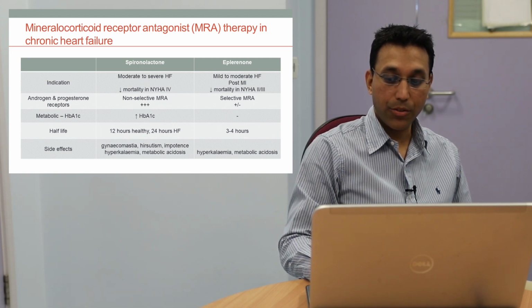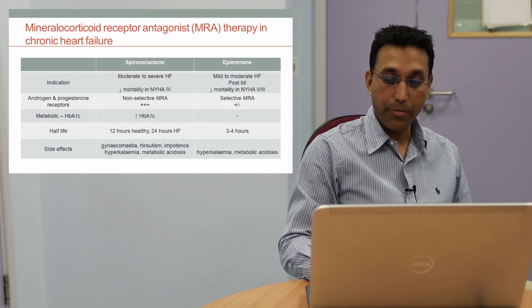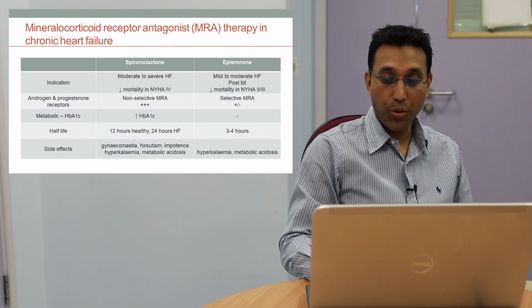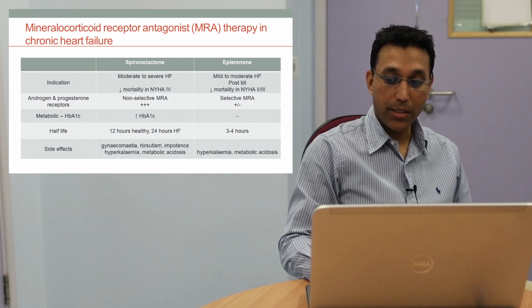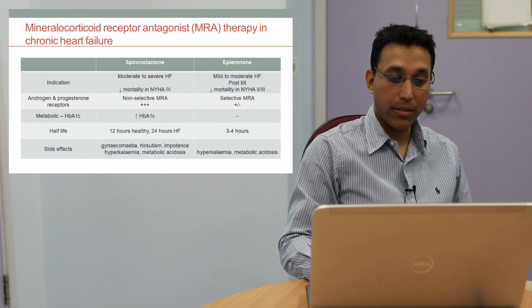Increased HbA1c levels with spironolactone treatment relative to placebo has also been observed in patients with diabetes. Based on these results, it appears that eplerenone may be the MRA of choice in patients with diabetes, and probably in those with visceral obesity and the metabolic syndrome who are developing or at risk of developing diabetes.